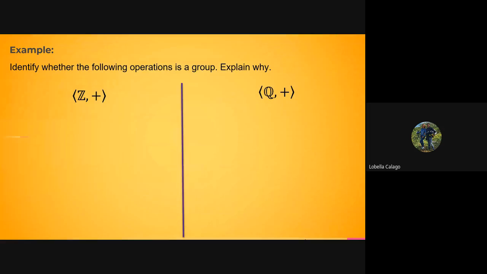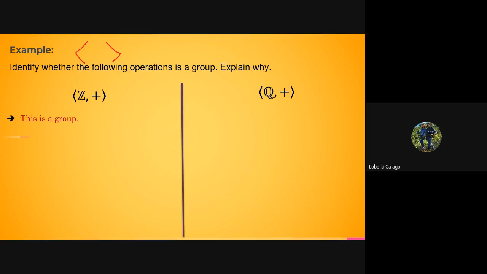For example, meron tayong example. Identify whether the following operations is a group. So, anong answer natin dyan? So, ito ay isang group. Wait lang. Pag ganito pala, I forgot to discuss this.